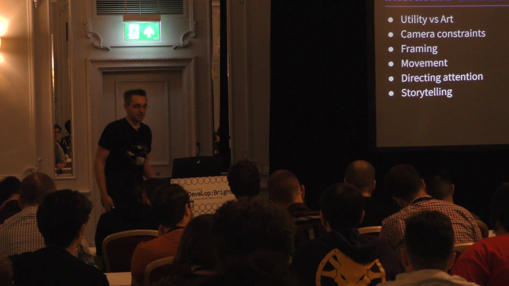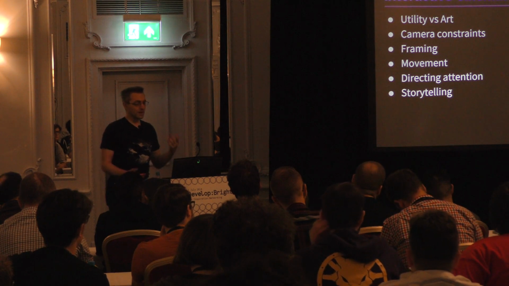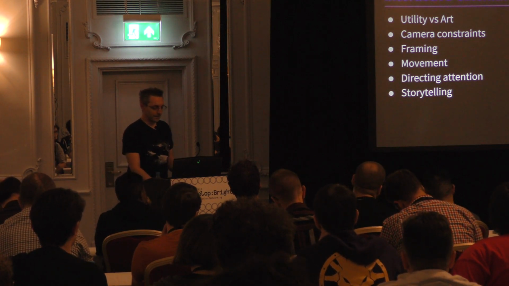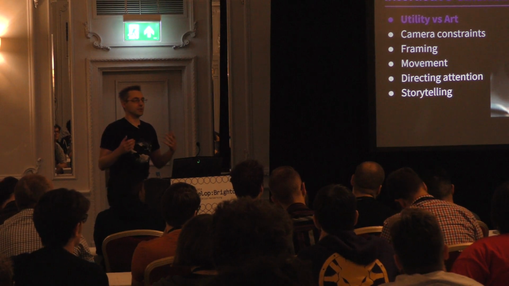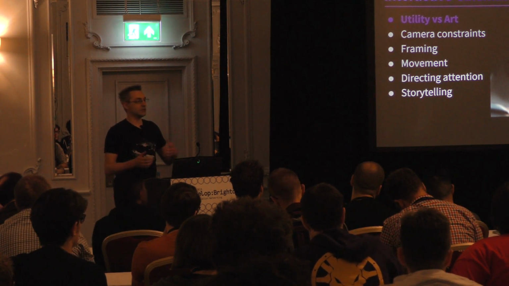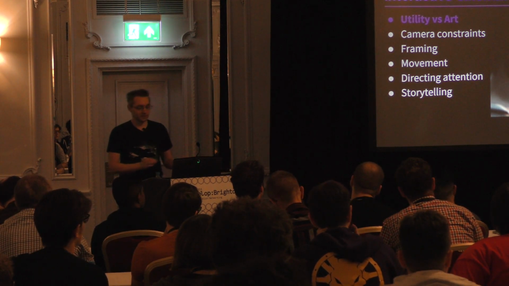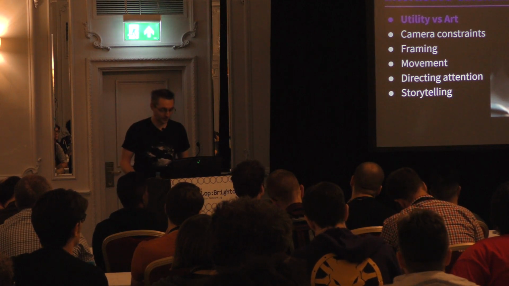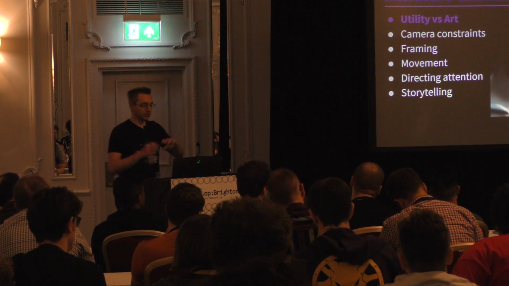Now, in interactive terms, it's a bit trickier. If we have control of the camera, then we can do beautifully framed shots, like this one from Life is Strange, that look just as good as film.